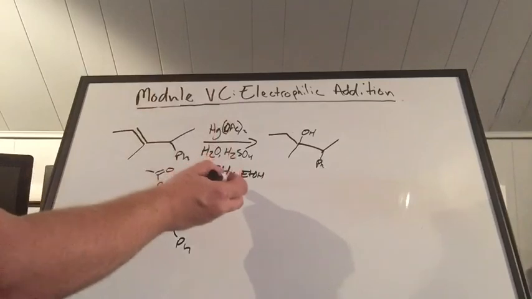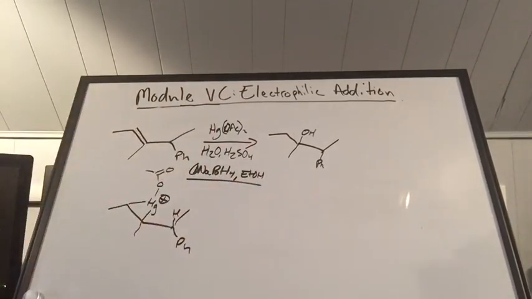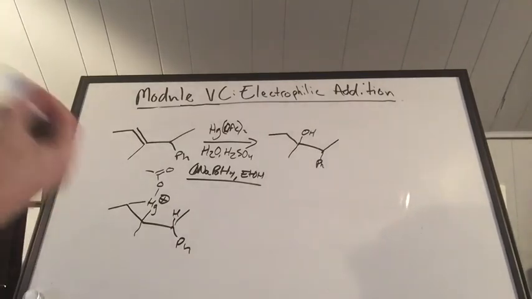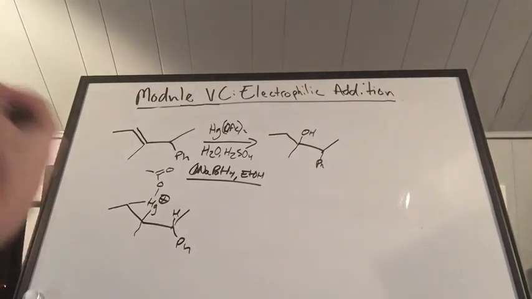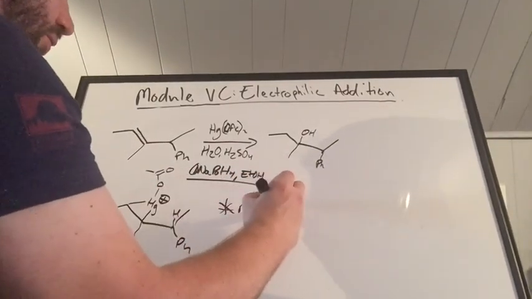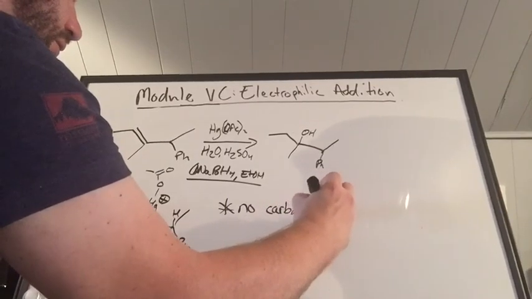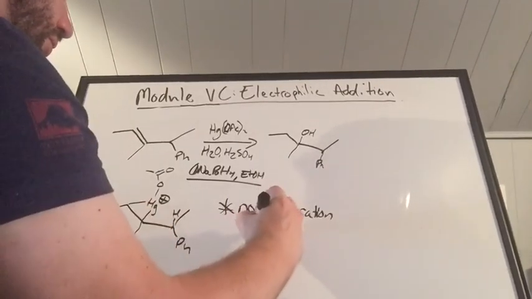So, oxymercuration-reduction. The second step is simply reducing everything down. That's going to ensure that there's no carbocation rearrangement.